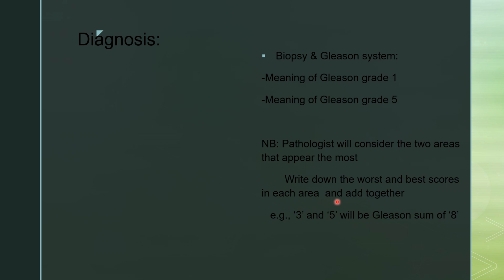So for this person, it's not good news to have a Gleason sum of 8, but when you compare the good and the evil, if 3, which is better, is appearing most, which means Gleason grade 3 is appearing most and Gleason grade 5 is appearing least, then it is better than having the opposite.